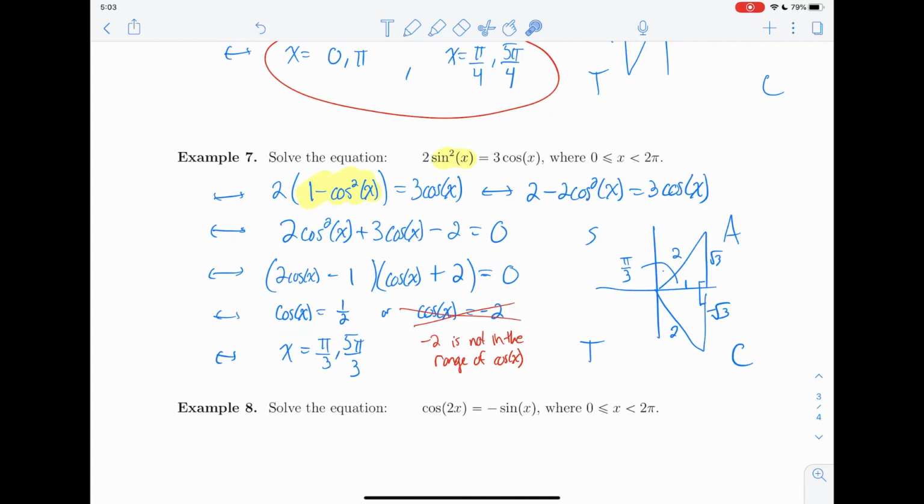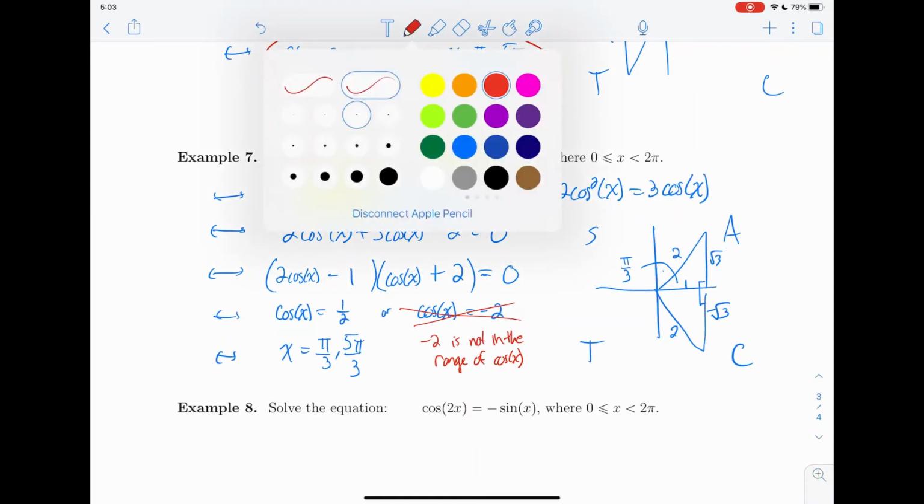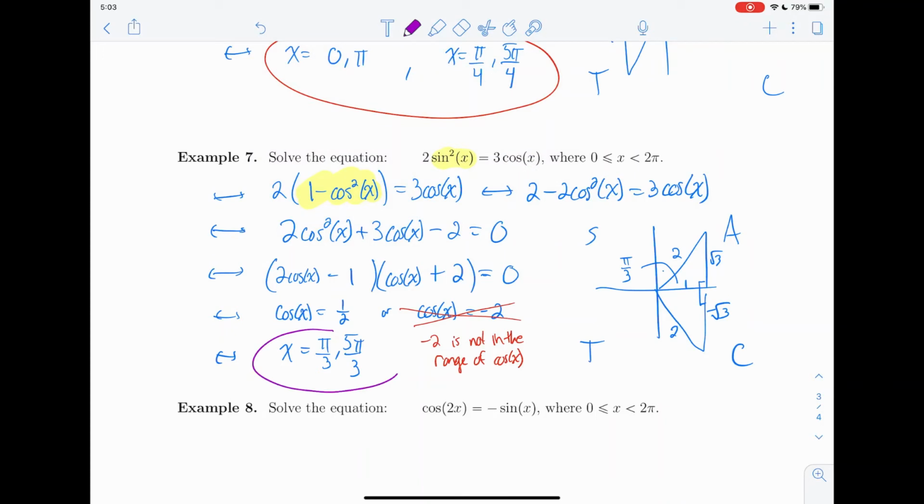Remember that cosine only has a range of negative 1 to 1, so there is no angle x that'll possibly give you negative 2. So this is just a busted equation, and that one is just irrelevant. We just ignore it. So the only answers to the question turn out to be pi over 3 and 5 pi over 3.